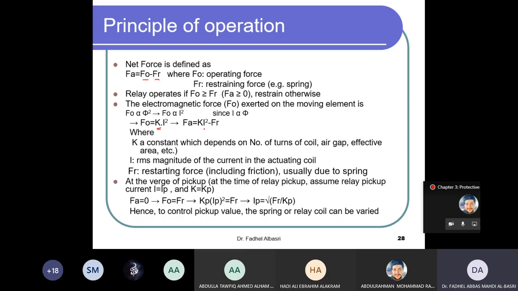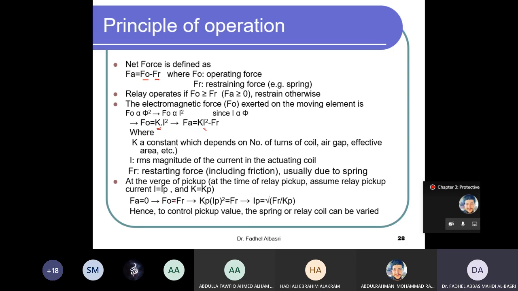Now, what is the current required for the relay to operate? The current can be obtained by setting Ki squared equal to Fr or greater, and the relay operates. So what is the current at which the relay is on the verge of operation, just about to operate, when these are equal?